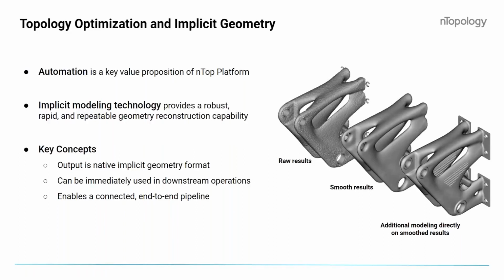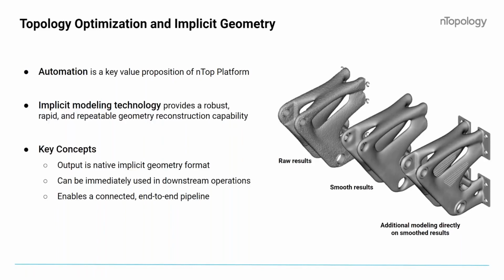In the middle there's essentially just a function call that will smooth those results into something more like a manufacturable shape. And the key thing is, not only does it come out smooth, but the output is also our native implicit geometry format.